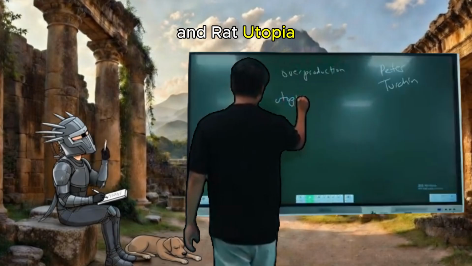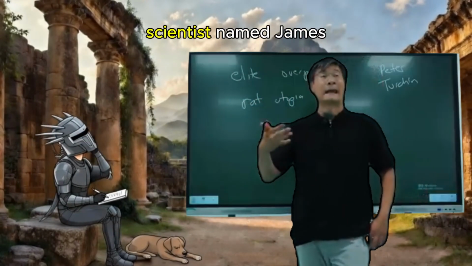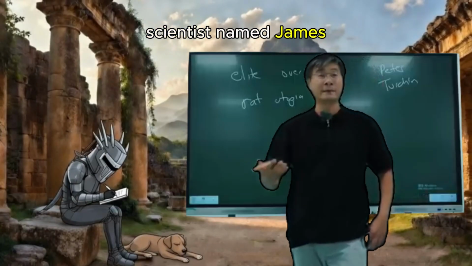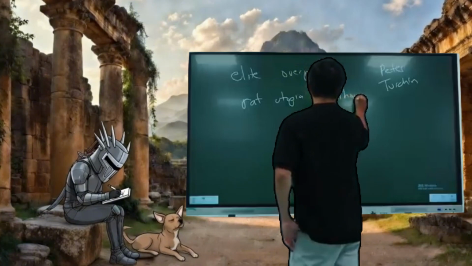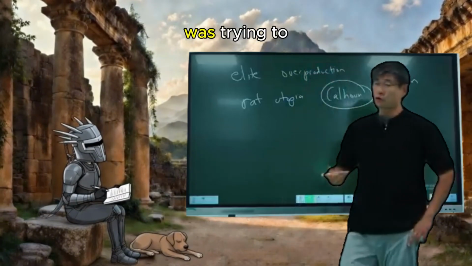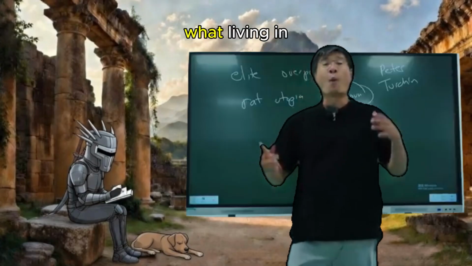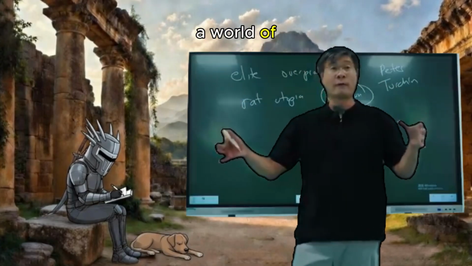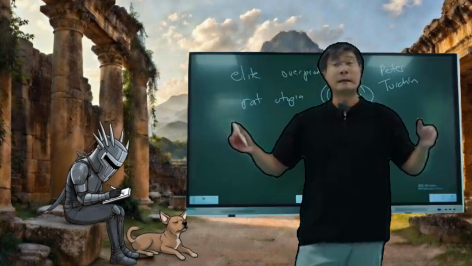And rat utopia was a series of experiments conducted by an American scientist named James B. Calhoun. And what James Calhoun was trying to do in his experiments was trying to figure out what living in a world of abundance and wealth and security meant.